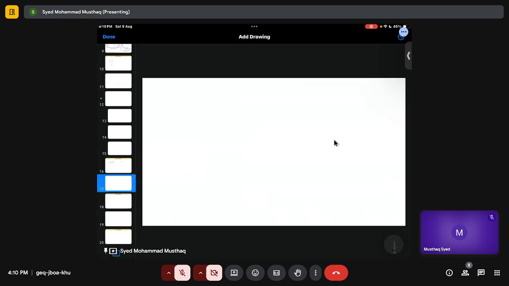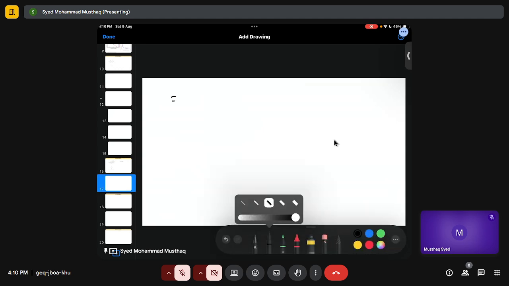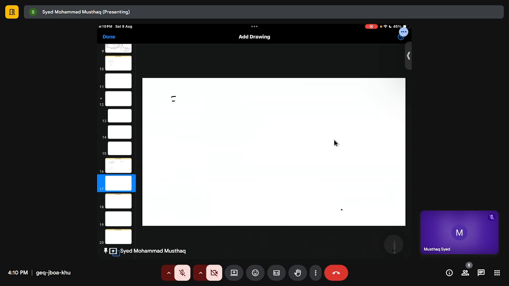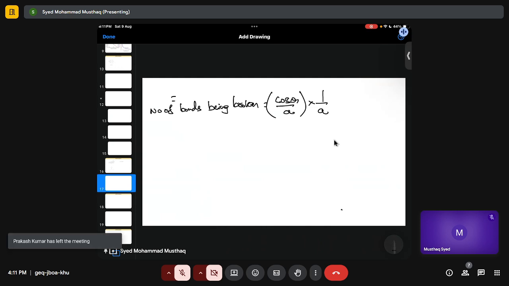Now, the number of bonds being broken will be equal to cos theta upon A times 1 by A. Now why is there 1 by A? Because it is coming from the Z direction.